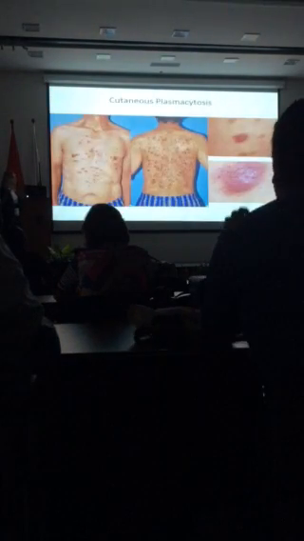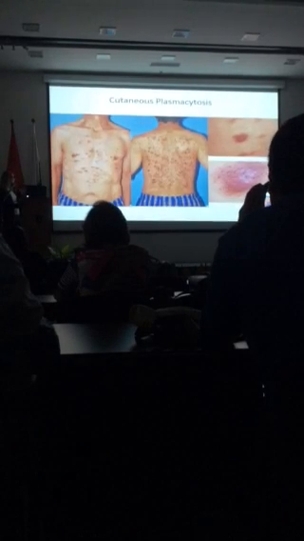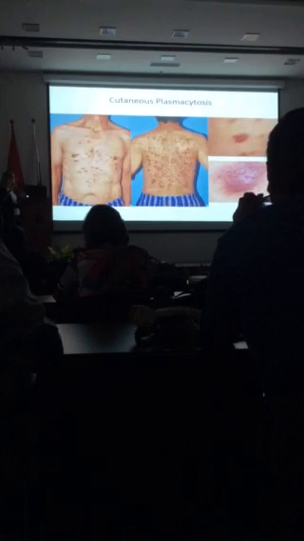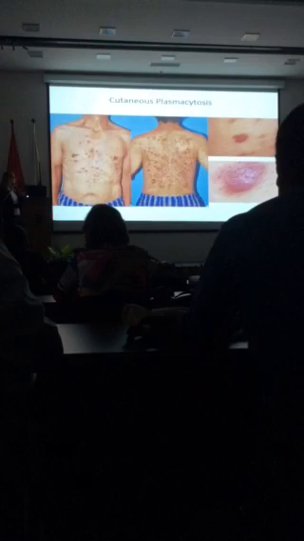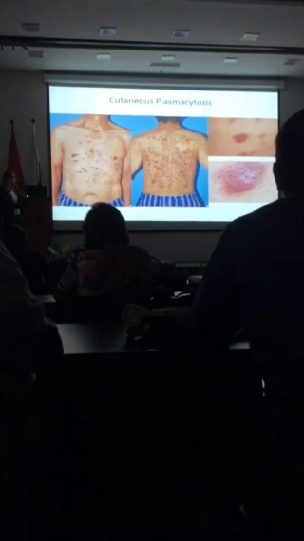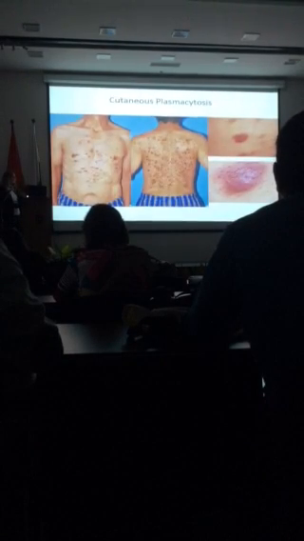So cutaneous plasmacytosis is a very rare disease, most commonly in Asian patients, actually most commonly in Japanese patients. This is a Japanese patient who presented with these progressing cutaneous papules over 10, 15 years.